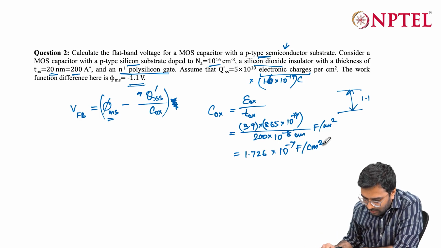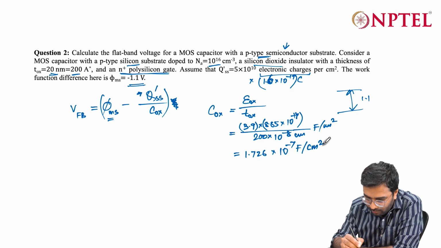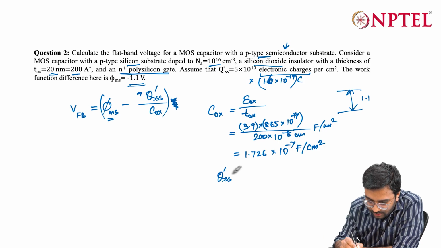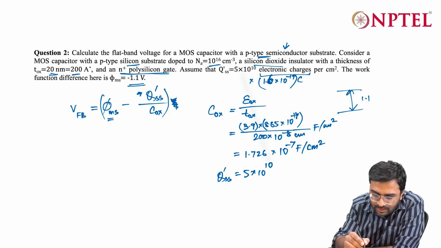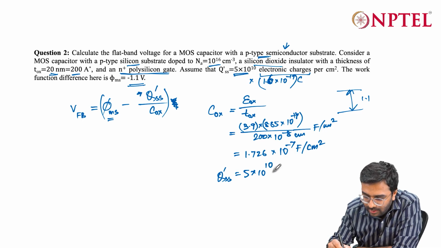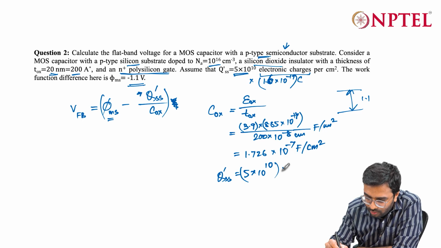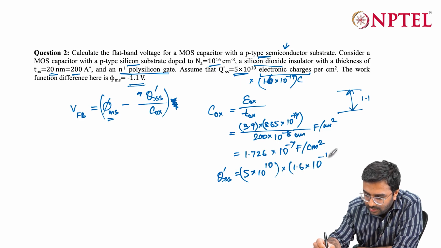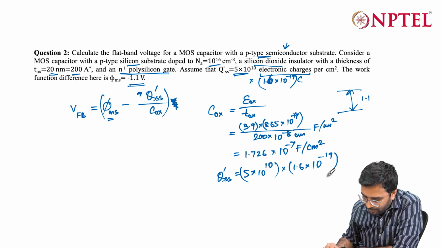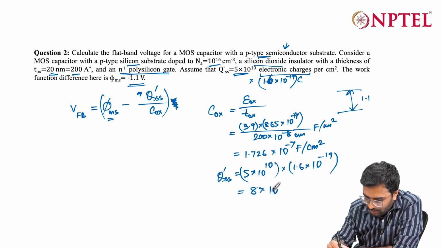Now, you can also calculate the value of QSS dash, which is 5 into 10 to the power 10, that is written over here, and then into 1.6 into 10 to the power minus 19, which will give you a value of 8 into 10 to the power minus 9 coulomb per centimeter square.